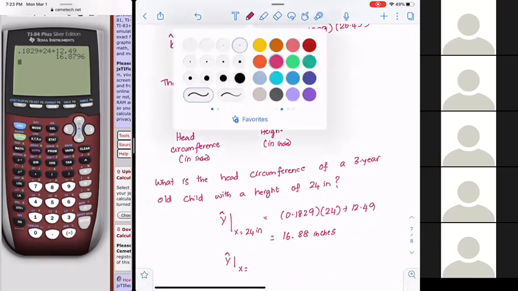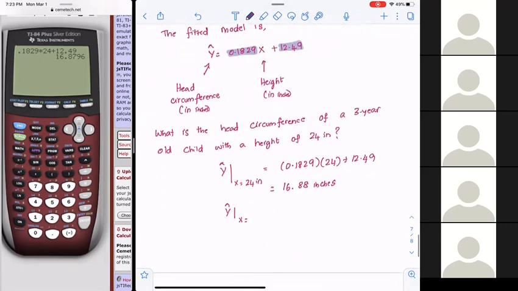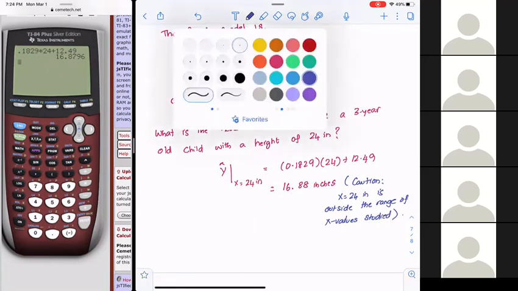So even though we were able to compute the value of y for x equal to 24 inches, you have to be cautious here because x equals 24 inches is outside the range of x values studied. So is it doable? Yes, but we just have to be very careful in interpreting that value.